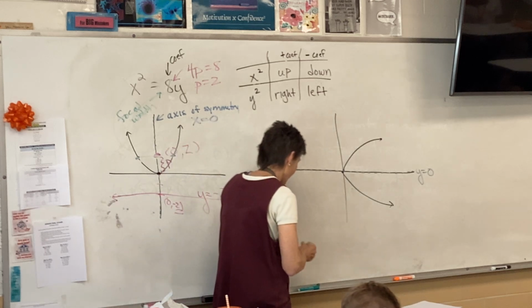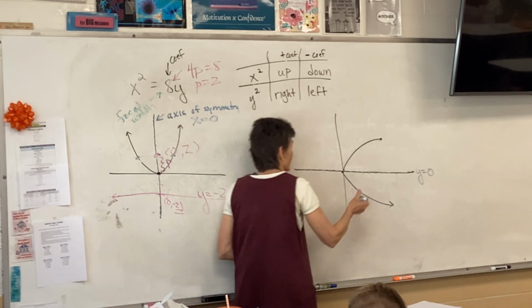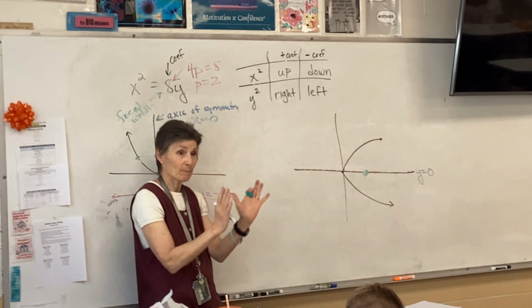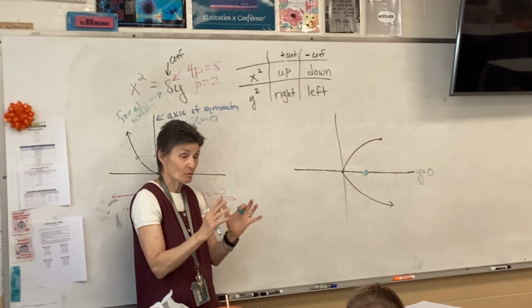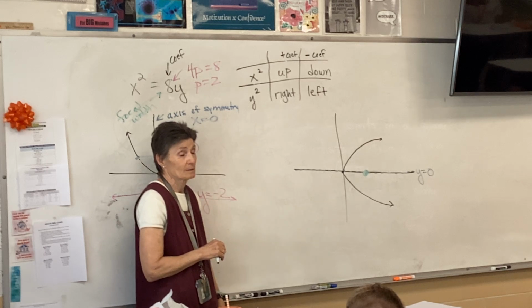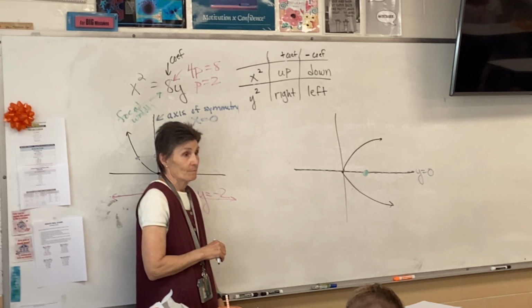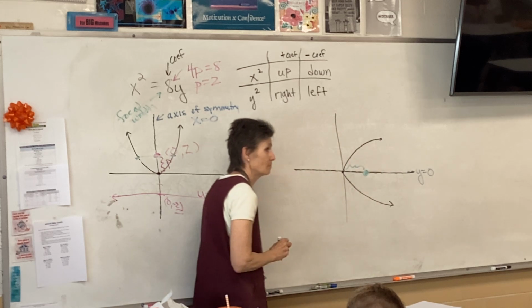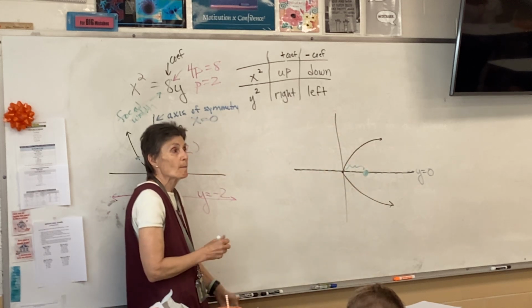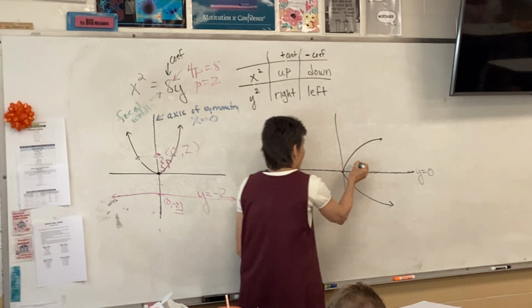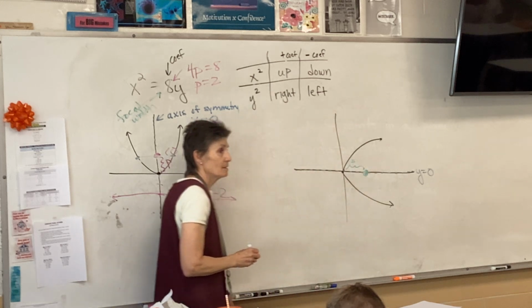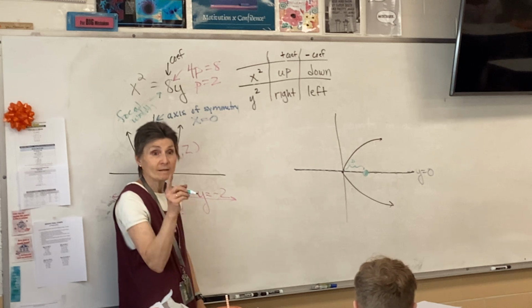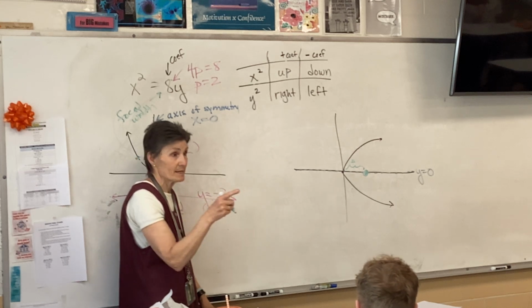Somewhere on there is the focus. Somewhere inside the parabola on the axis of symmetry is your focus. How far is it this time? In other words, what's P? How far is it to the focus? 3, exactly.